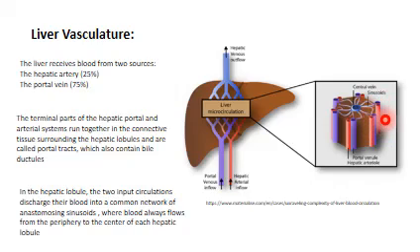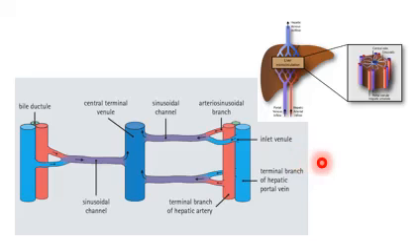They form a tract called the portal tract. Within the hepatic lobule, the blood from these two sources mixes together, forming a common network of anastomosing sinusoids. So we have a branch from the hepatic artery that fuses with a branch of the portal vein, forming the hepatic sinusoid.